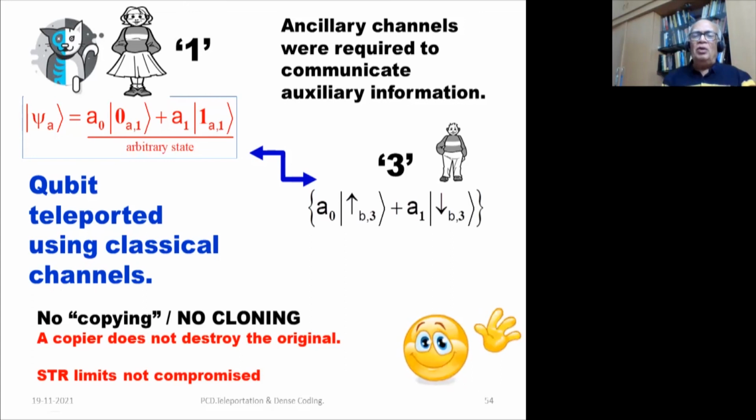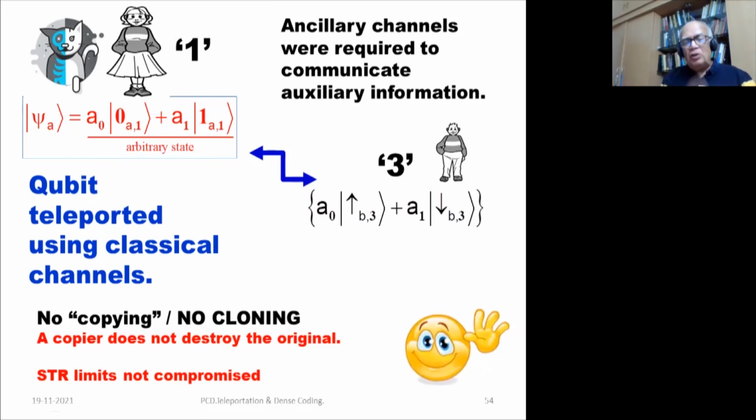But now you know the methodology: which particular Bell state in which Alice entangles 1 and 2 is not important, because a corresponding experiment can be done by Bob to get the original quantum of information.